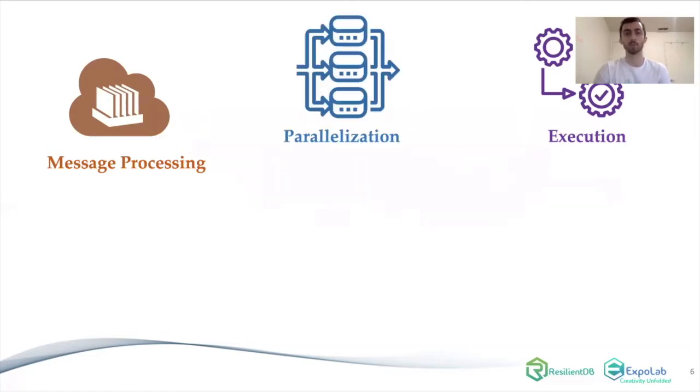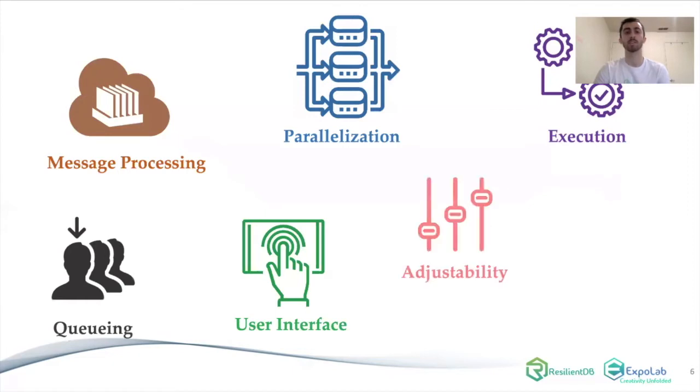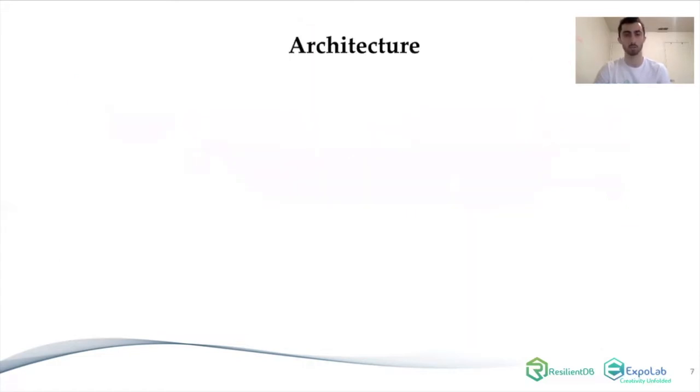The next thing would be parallelization, and it is the most important one to get better performance, because if everything is run sequentially, the permissioned blockchain system would not perform well at all. The next thing would be queuing, user interface, and configurability. And finally, the most important one, would be scalability, how scalable the permissioned blockchain could be.